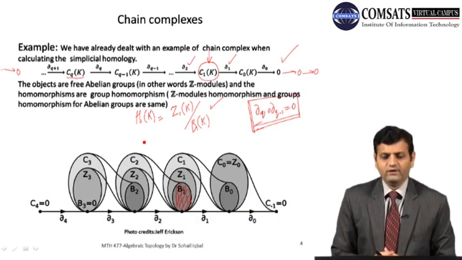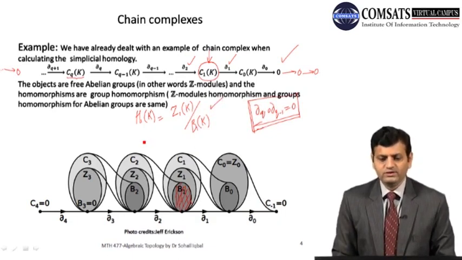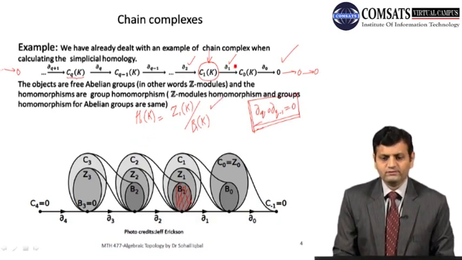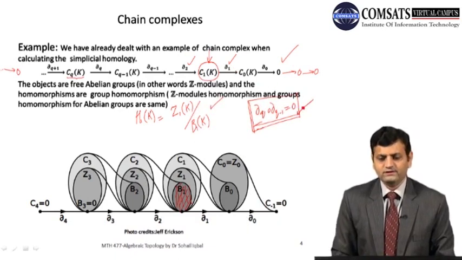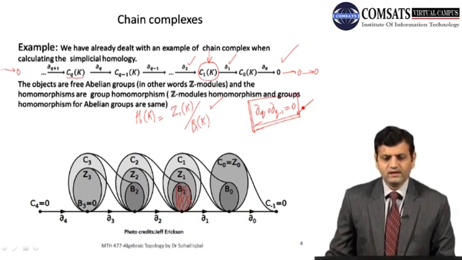So when we defined the homology or simplicial homology, we considered this chain complex with these homomorphisms, and we used this condition. In other words, we can say that these are the only three ingredients needed to define the homology, and these are exactly the conditions that we imposed on the chain complex.